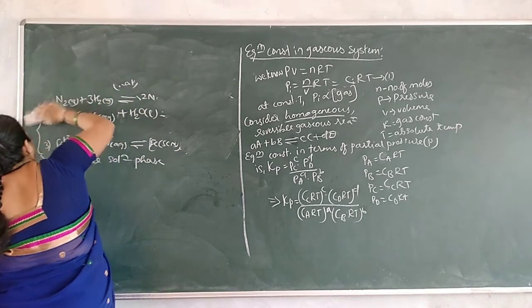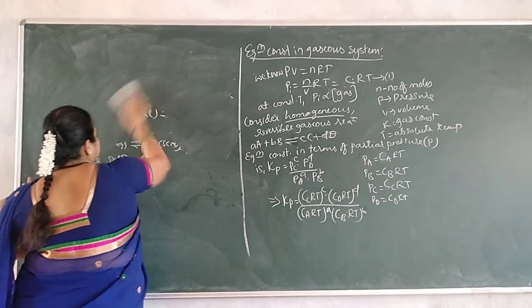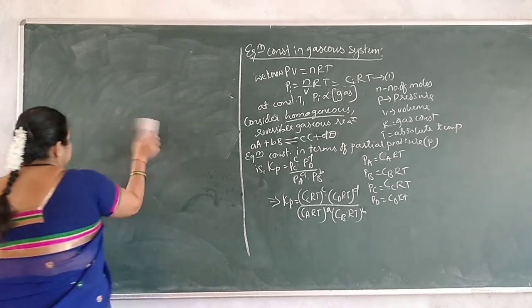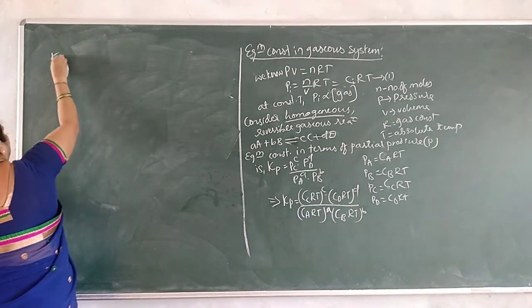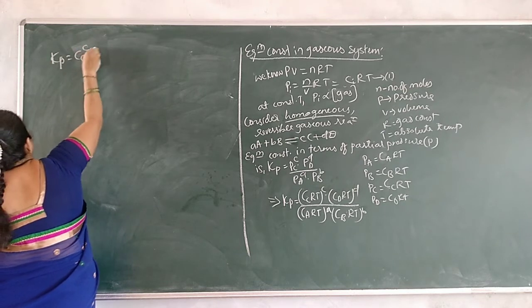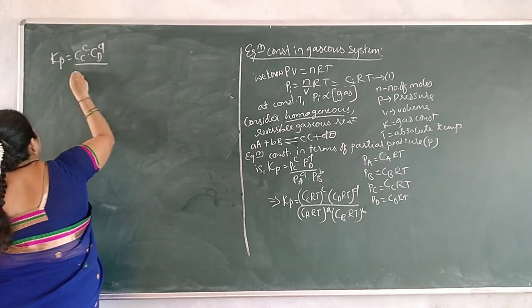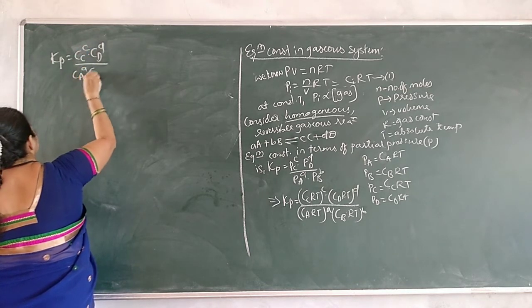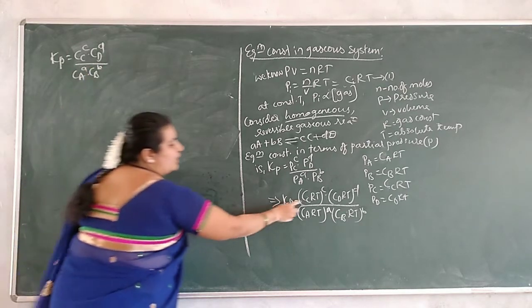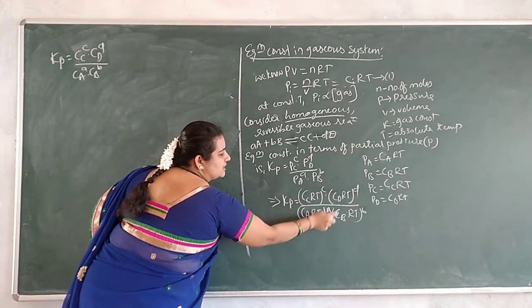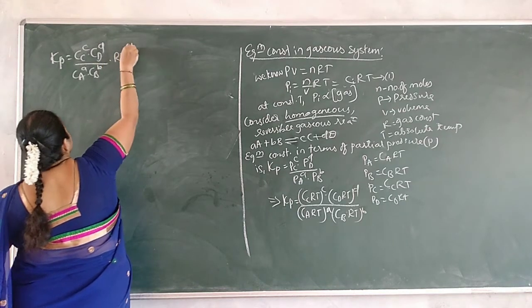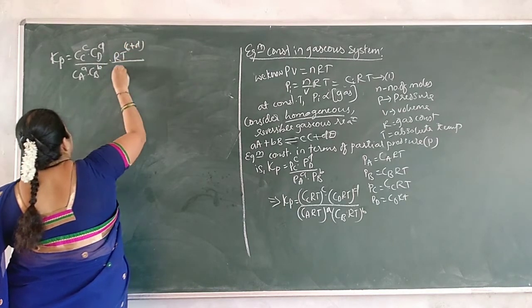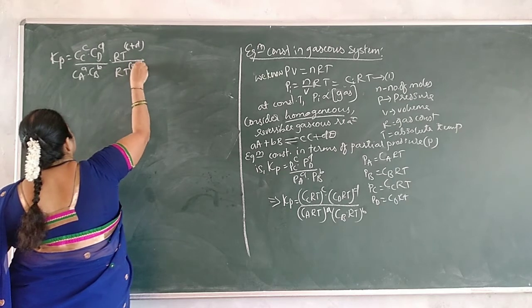You will get the relation Kp is equal to Cc raised to c, Cd raised to d, divided by Ca raised to a, Cb raised to b. I have taken all the concentration terms to one side, and I will write RT raised to c plus d, divided by RT raised to a plus b.